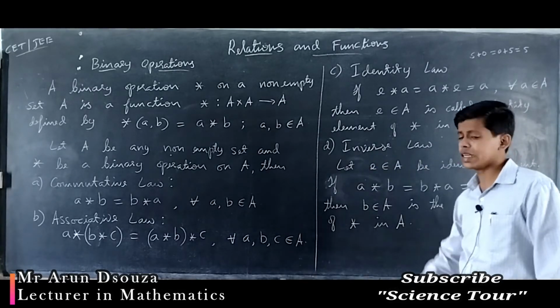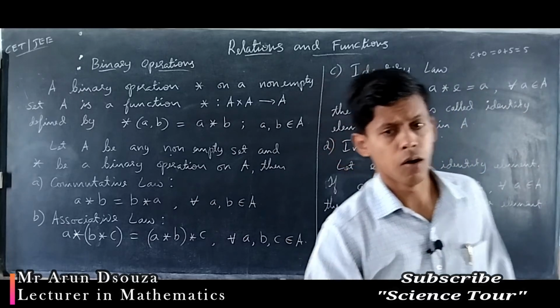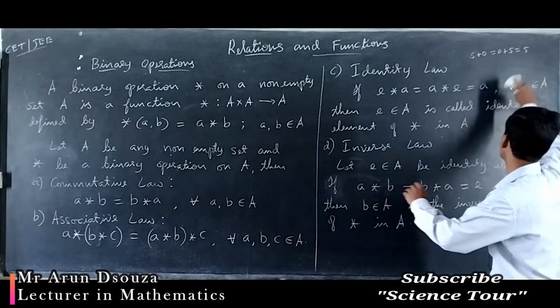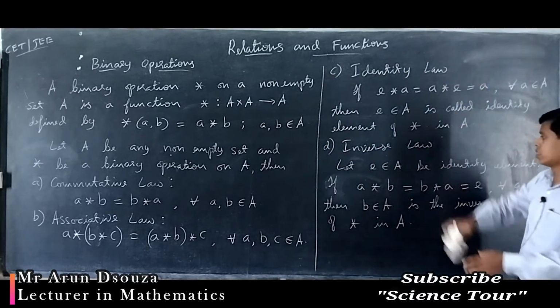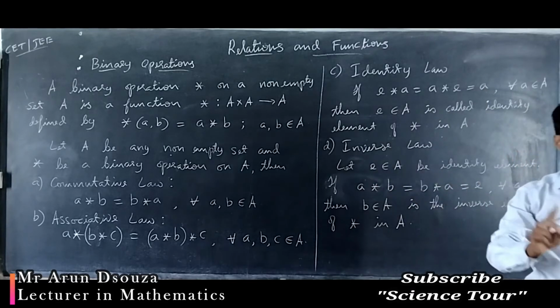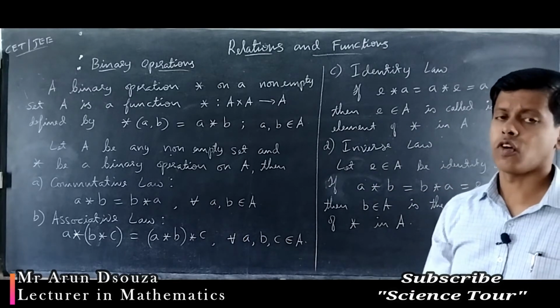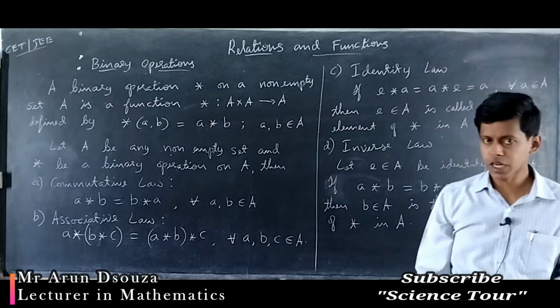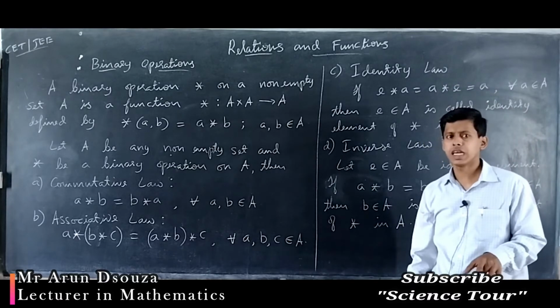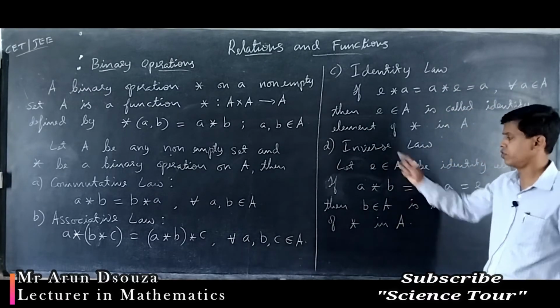So next, what is the inverse law? Understand, you must have an identity for the particular binary operation. If you don't have the identity element, you cannot define the inverse.